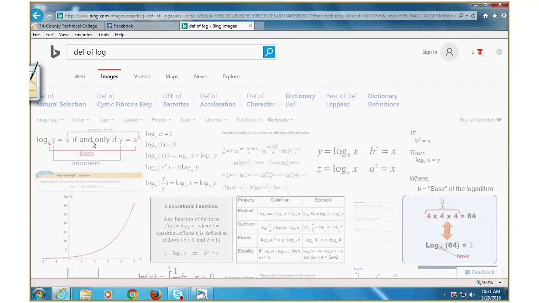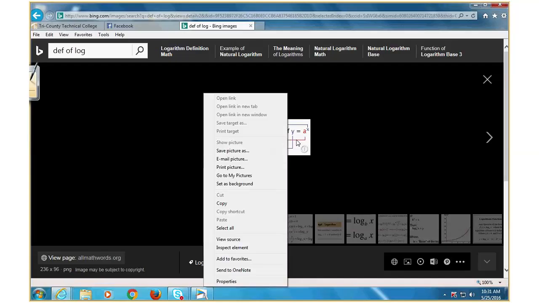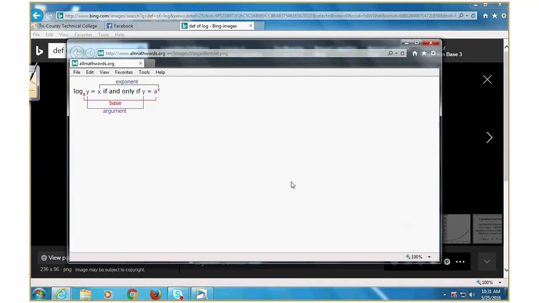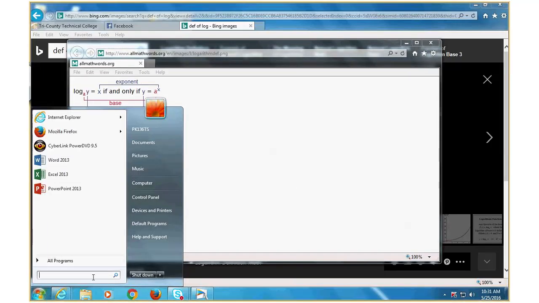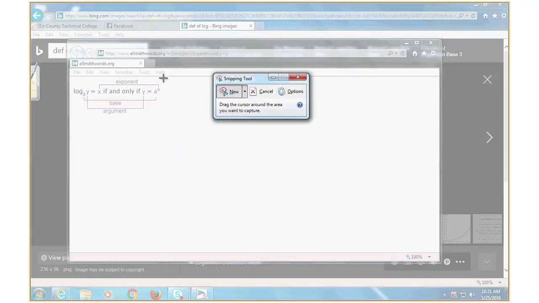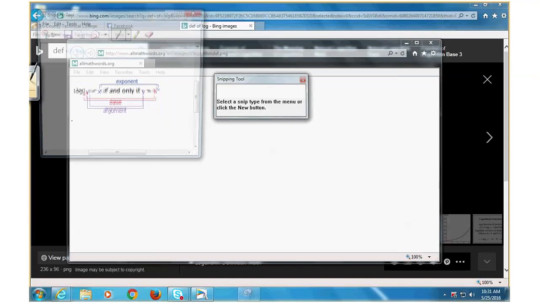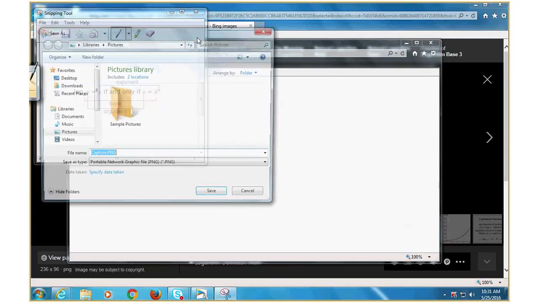This one's good. I don't know if this one was on there, but if it's not, this is called the definition of a logarithm.